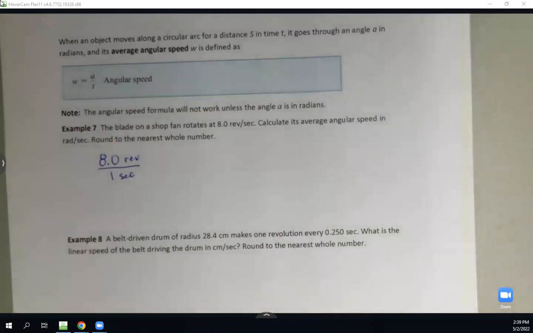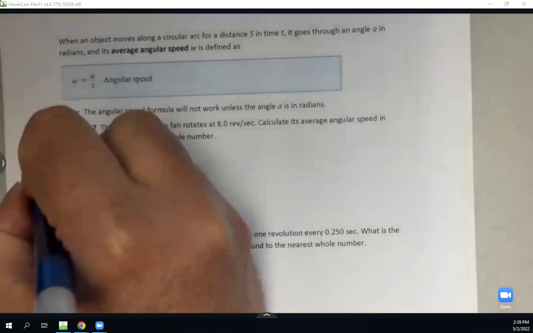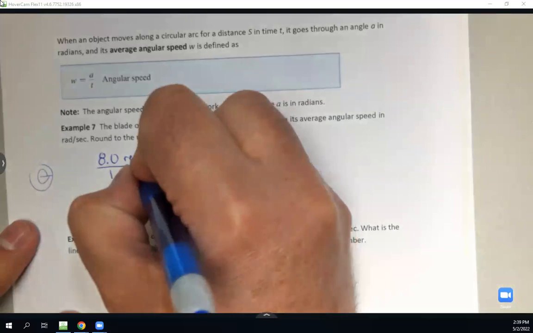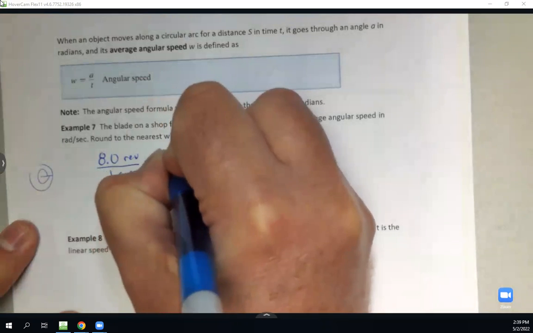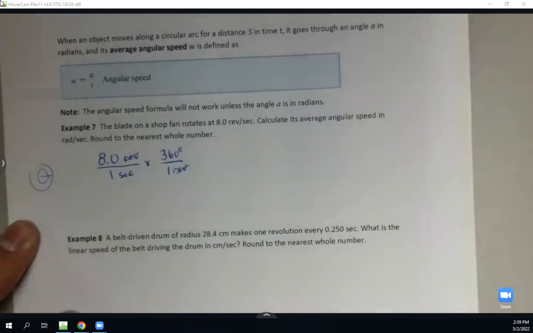This is really just a conversion kind of problem. We know that 1 revolution is equal to 360 degrees. So 360 degrees is 1 revolution, which is going to get rid of revolutions and give me degrees.